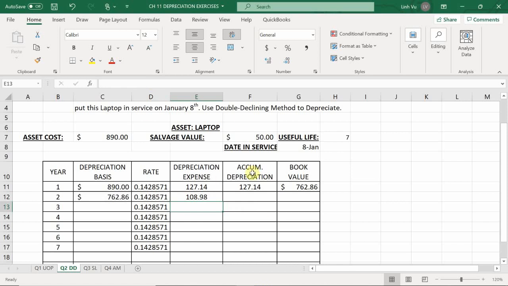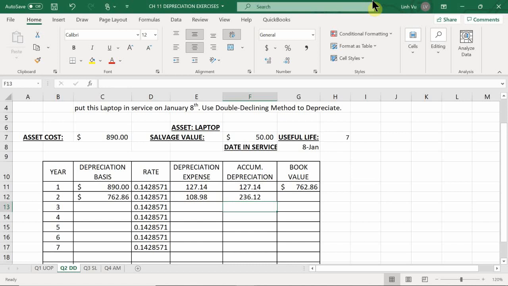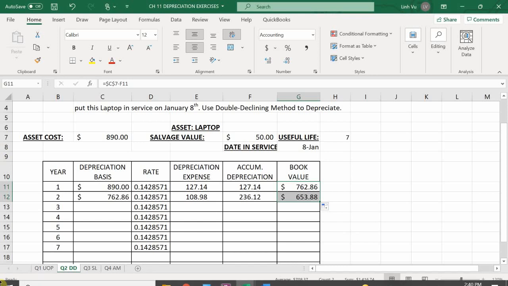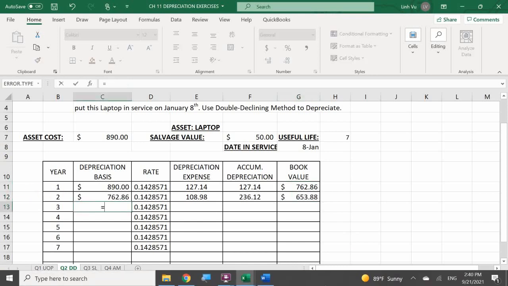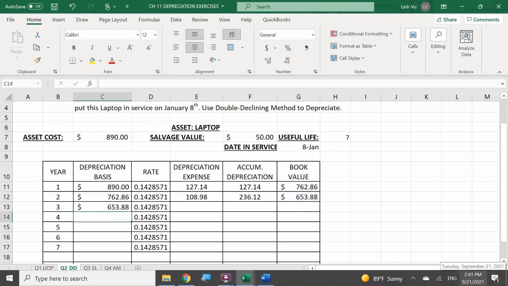We're going to add that to our previous balance of $127.14 to get a grand total of accumulated depreciation of $236.12, which brings my book value down to a total of $653.88, which becomes my depreciation basis for year 3.